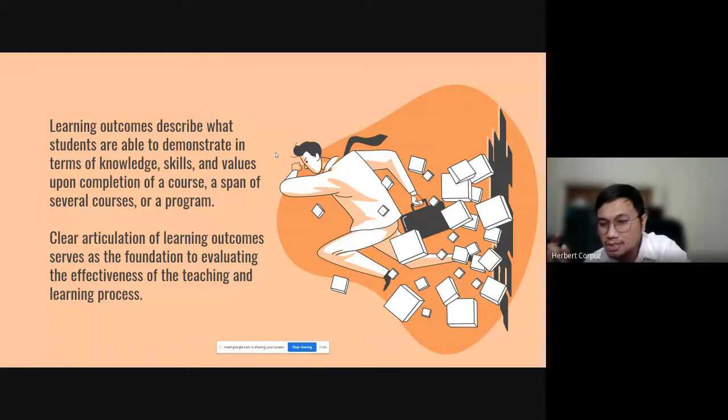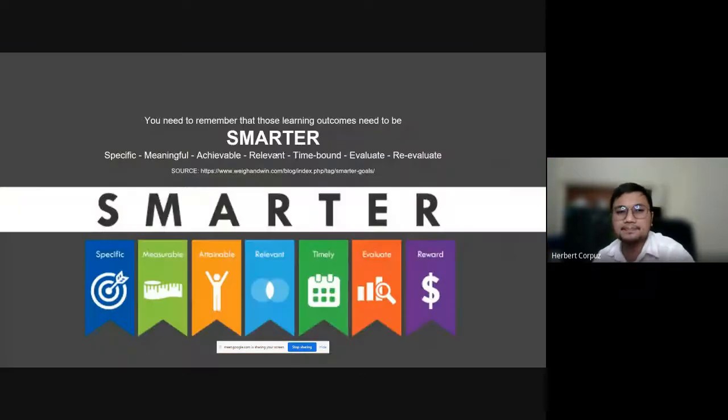This is the change that we would like to see in our students. The change is the achievement of the learning outcome, or our expectations for them. Not of them, but expectations for them, because everything that we expect should be beneficial or advantageous for our students.